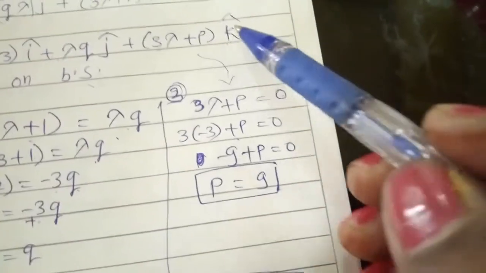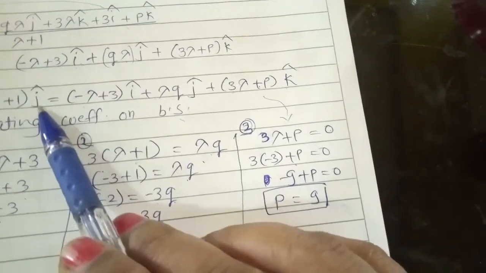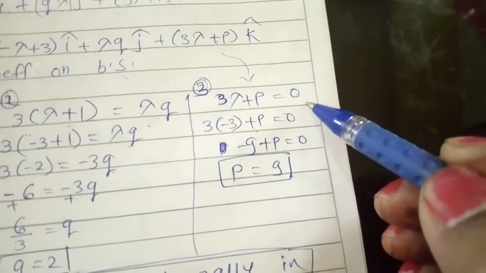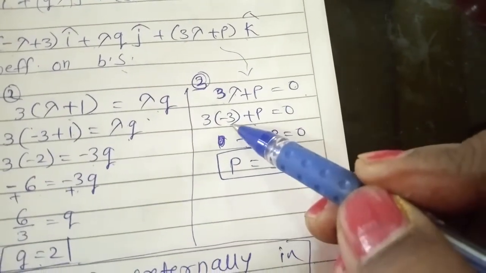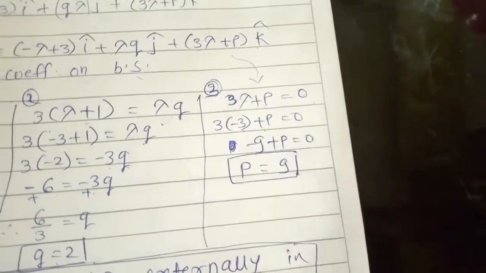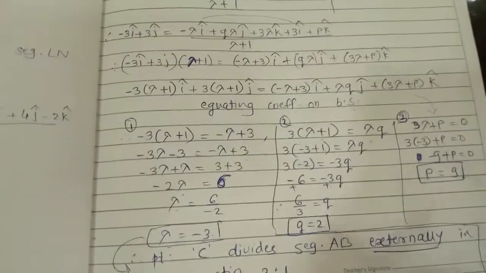And the last one, here we compare this with the k coefficient. So the k coefficient is 0. So 3λ + p = 0. The value of λ is -3, so -9 + p = 0, and so the value of p is 9. So this is all about the example.